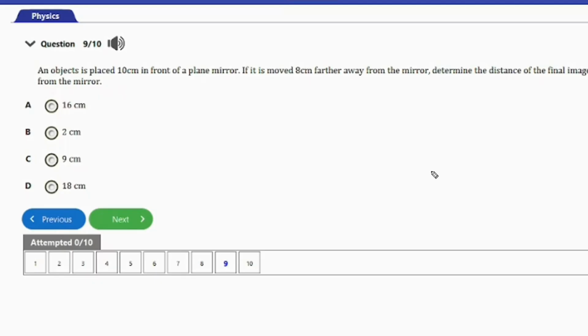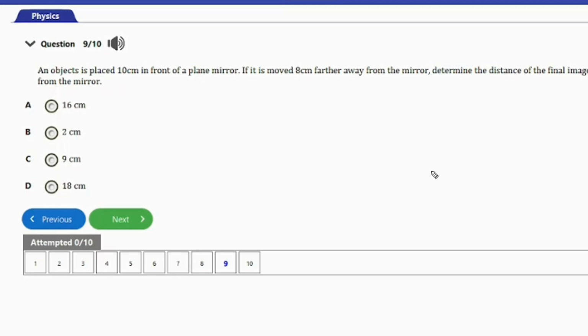So guys, the next question we have here is question number 9. It says, an object is placed 10 cm in front of a plane mirror. If it is moved 8 cm further away from the mirror, determine the distance of the final image from the mirror.